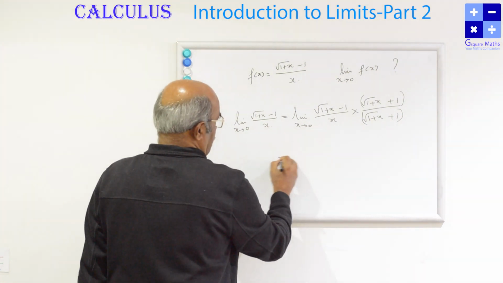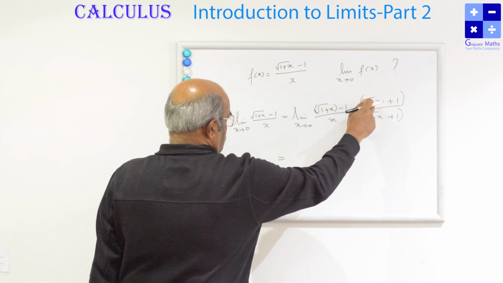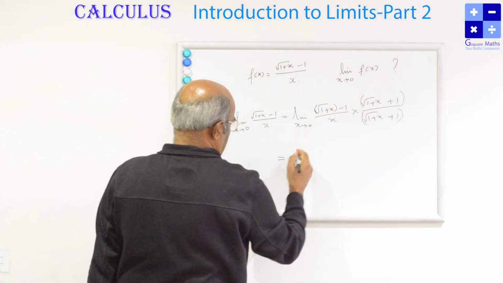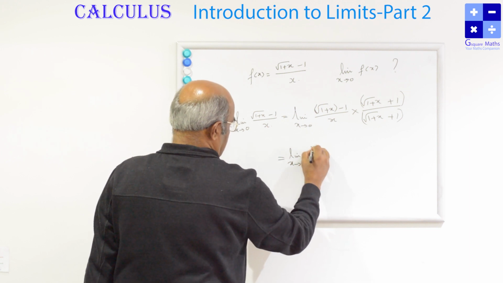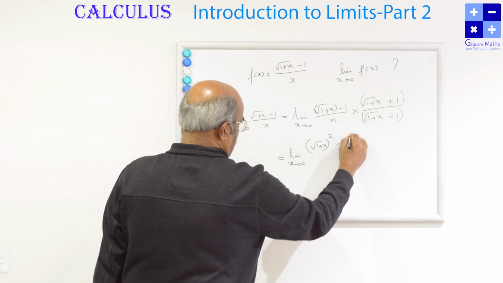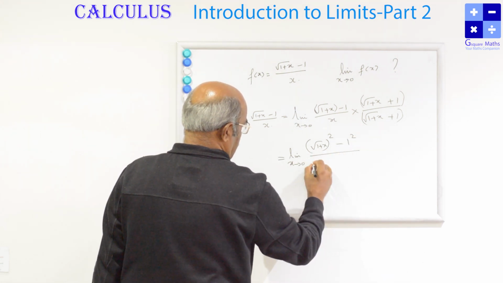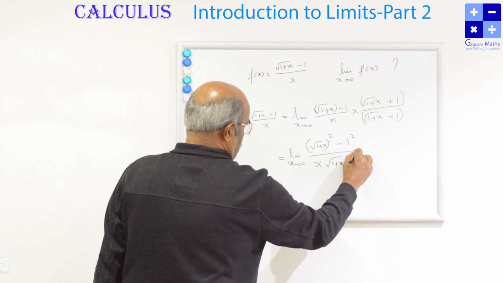Now, A minus B into A plus B, that is A square minus B square, by x into root of 1 plus x plus 1.